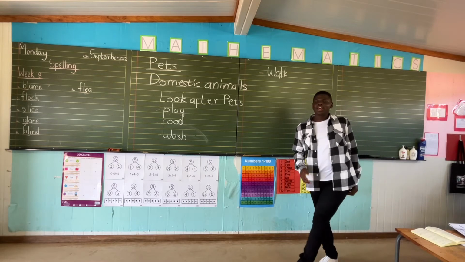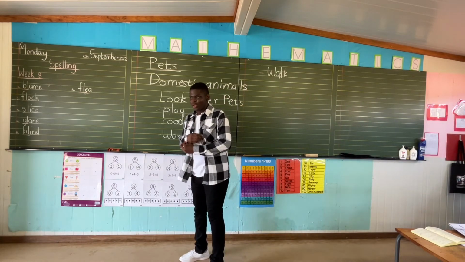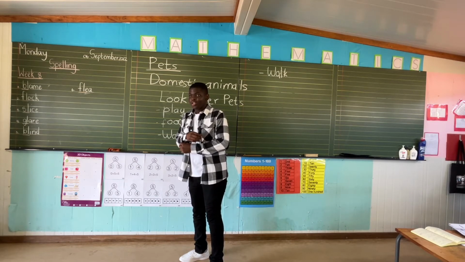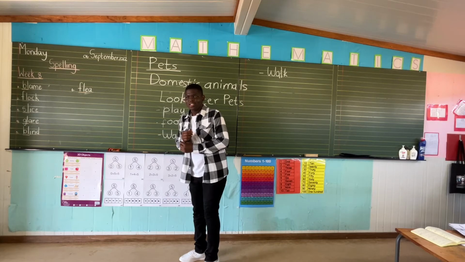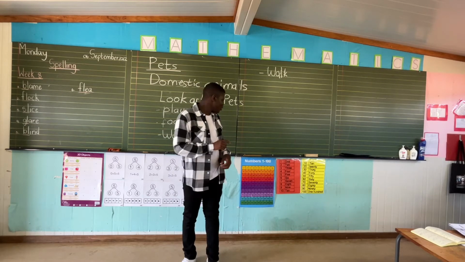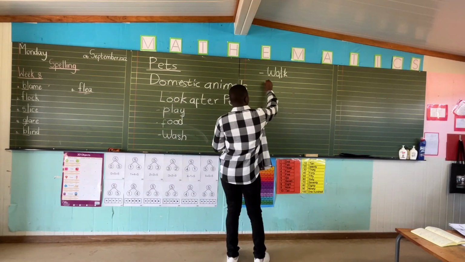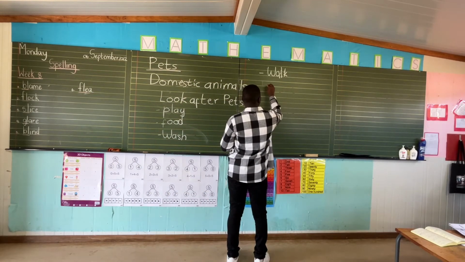I would like us to make some promises to our pets, to those of us that have pets. Do you know what a promise is? Yes. So we're going to have our promises.